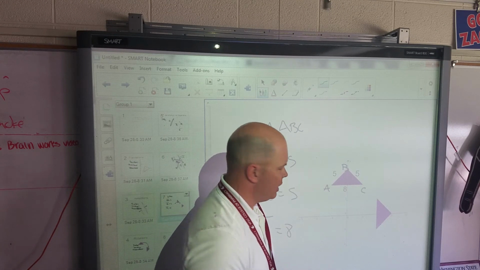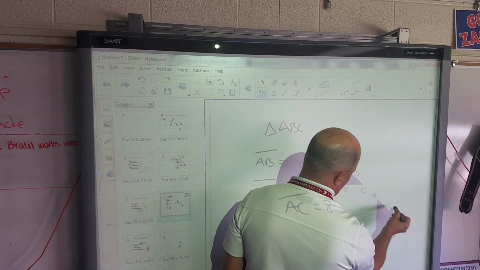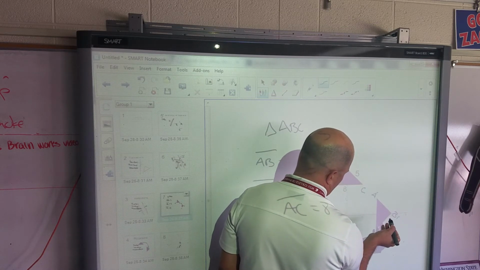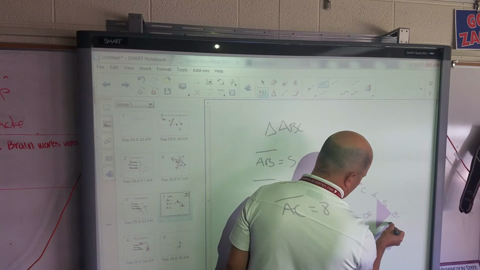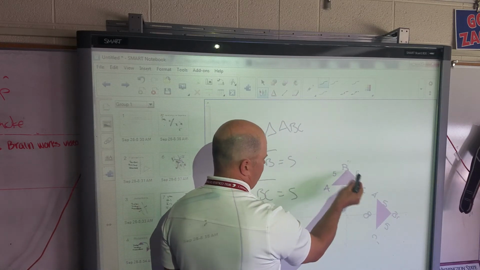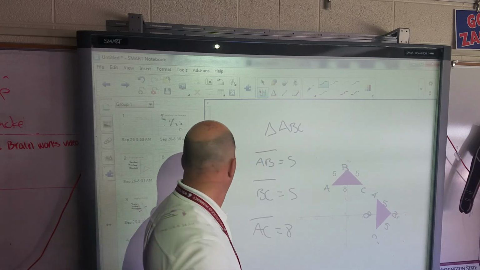If that's the case, I can identify this as my A prime, B prime, C prime. So this would also be 8, this would also be 5, and this would also be 5. See how they relate? These side lengths now also relate to the prime figures, and we can decipher what they are.